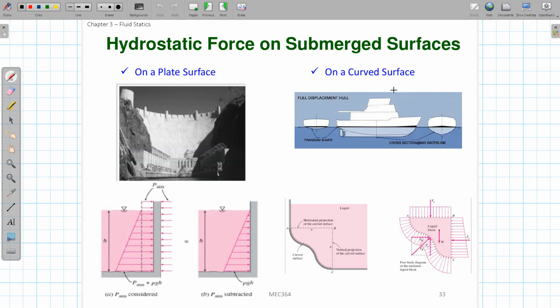it's a curved surface. And what's the difference between these two? The difference is that on flat plates, all the pressure forces are parallel, which means their direction is the same.